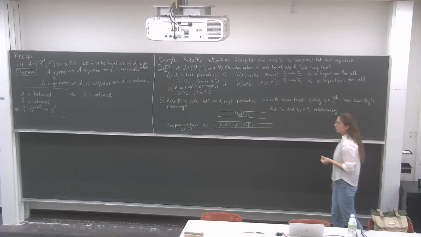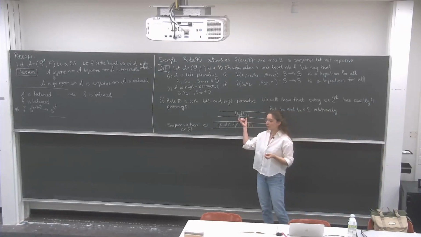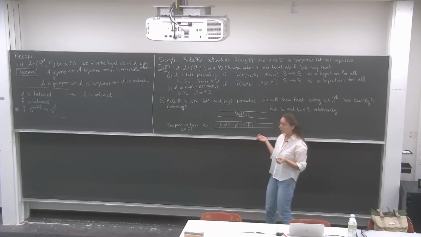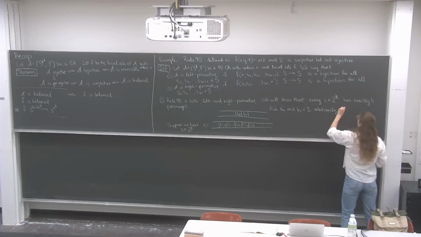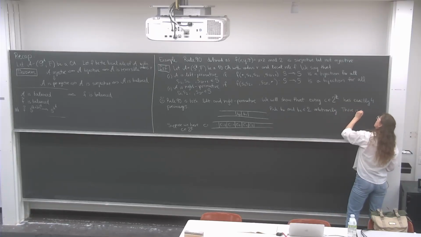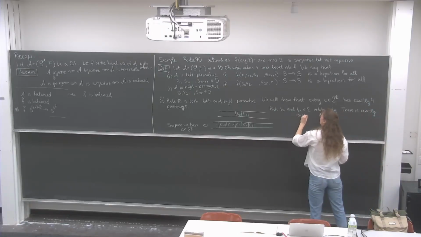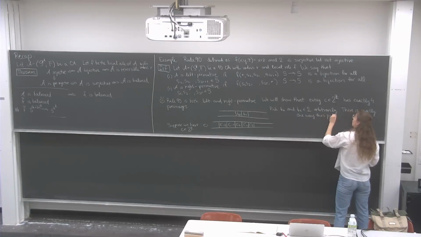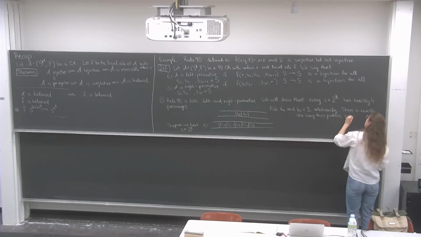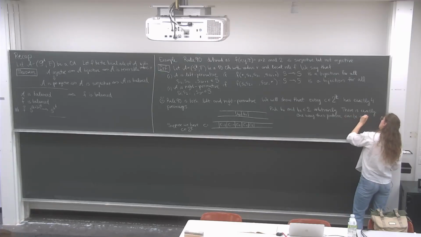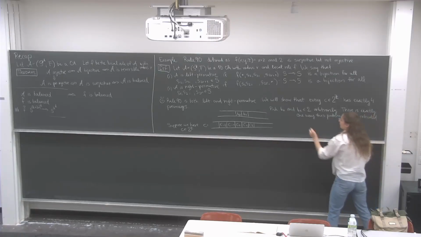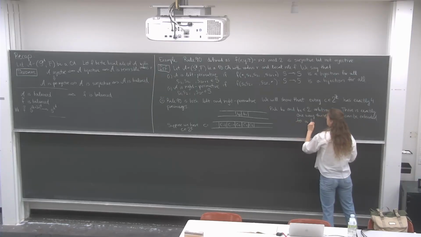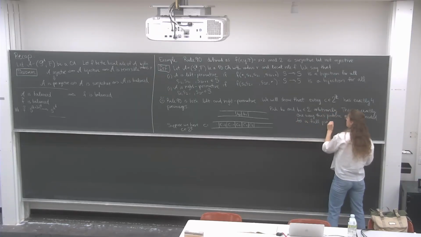And now, due to the left and right permutivity, there is exactly one way we can start extending this partial preimage to be an actual preimage under rule 90. So there is exactly one way this pattern can be extended to a full preimage of C.